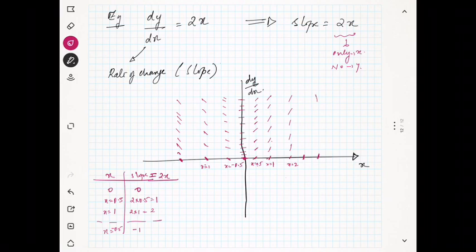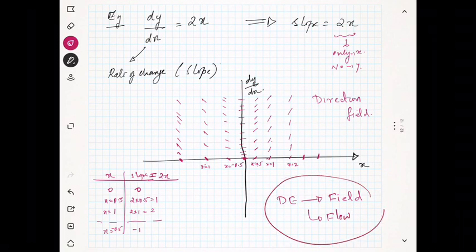So we will be calling this a direction field, another name. The differential equations can also be called a field or direction field, giving you the flow of the points, how the points are moving. So the differential equation is giving you how the points are moving. Or we can call the differential equation a flow. Similarly, we can call the differential equation a field also.